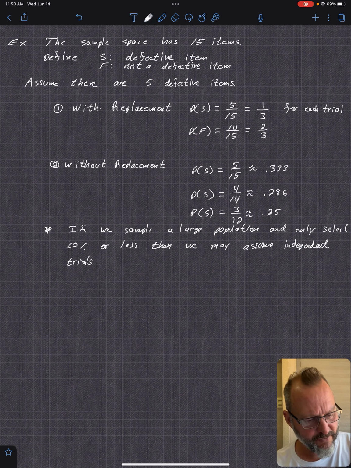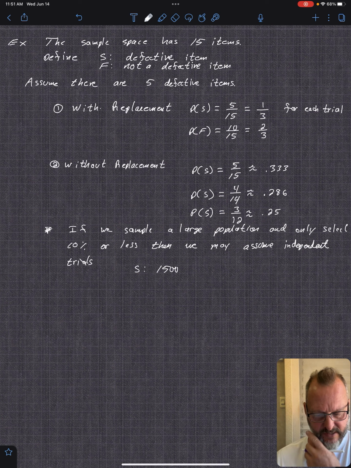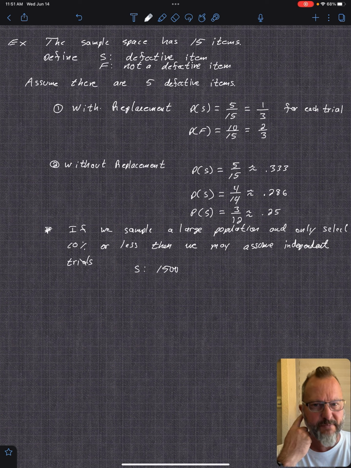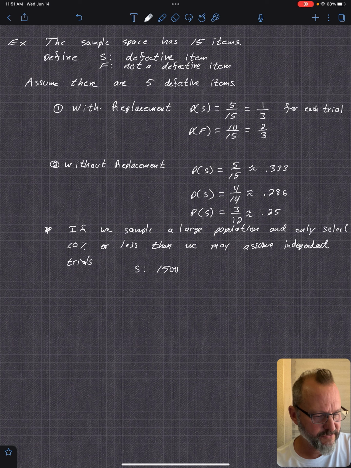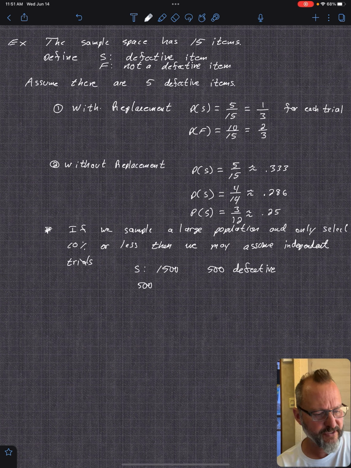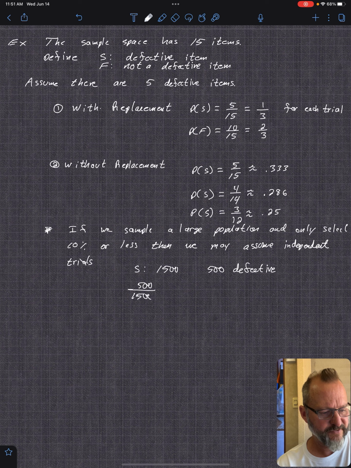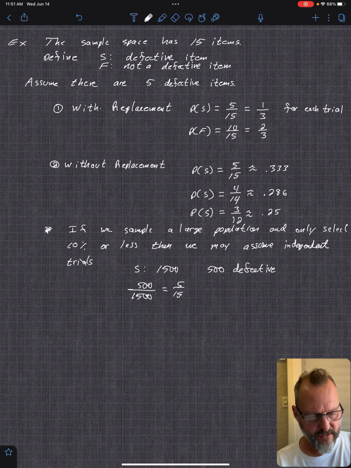So just a quick example. If your population, for example, has 1,500 items, and there's 500 defective, then 500 over 1,500 is 5/15.